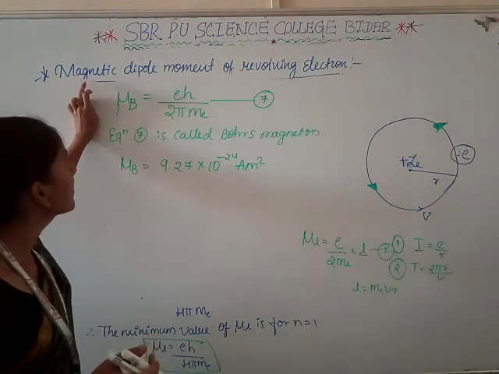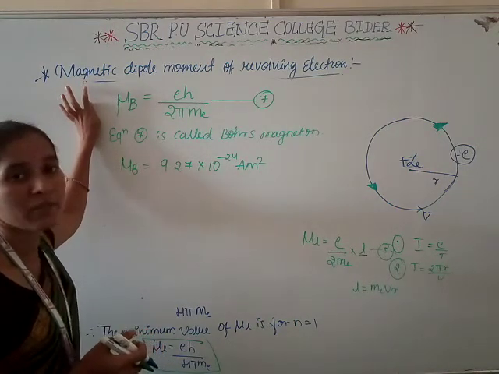Here we are finding the magnetic dipole moment of a revolving electron.